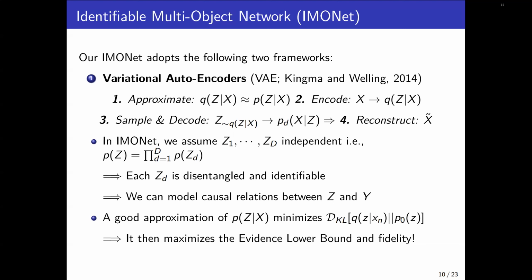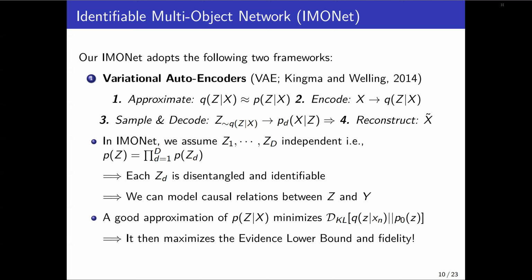Then the approximate posterior, q of z given x, encodes the raw inputs x. We sample the latent variable z from this approximate posterior and then project them to inputs by utilizing a state decoder, or the likelihood function. Then, as a result, the reconstruction is made as theta of x, which are now our outputs.